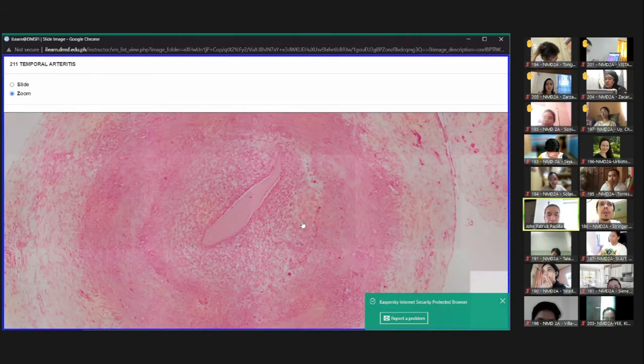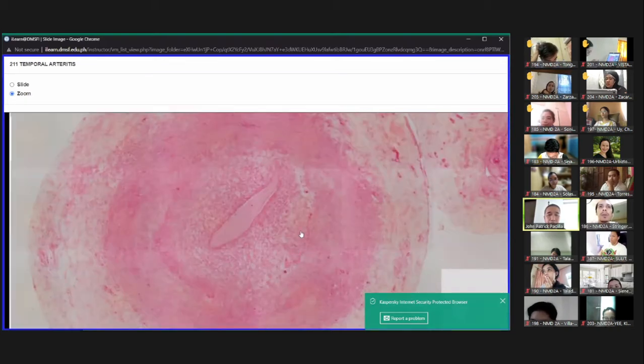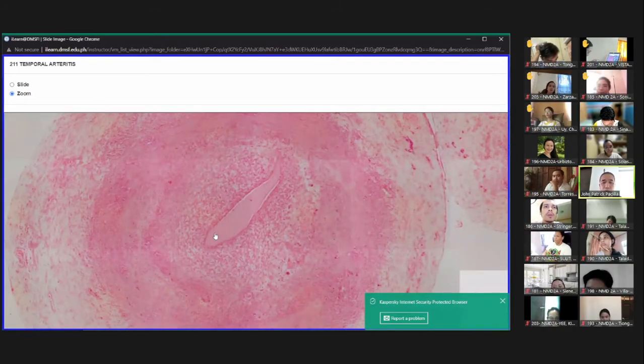A temporal artery biopsy would be done, and it shows a fish mouth, or a slit-like appearance of the lumen, unlike a normal blood vessel lumen, which would be round or oval. This time it is slit-like.